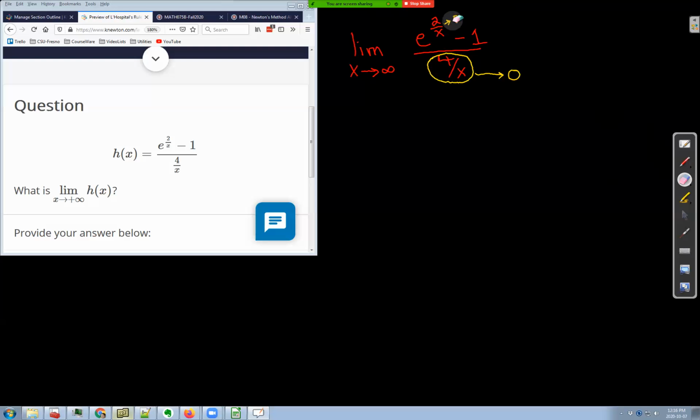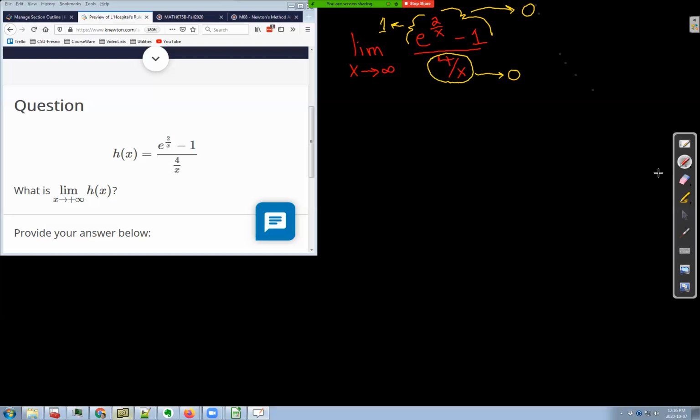Well, e to the 0 is 1. So this guy right here is getting close to 1. Oh, and then we're going to subtract 1. So when it's all said and done, I hope this made sense, the numerator is getting close to 0.